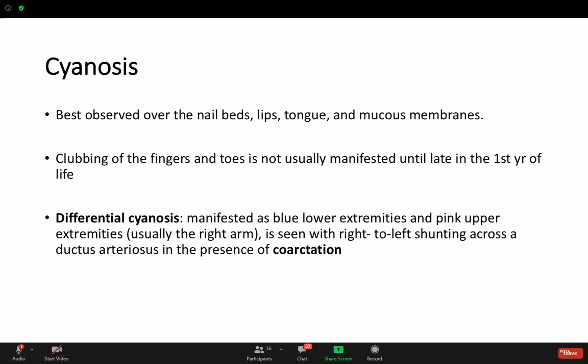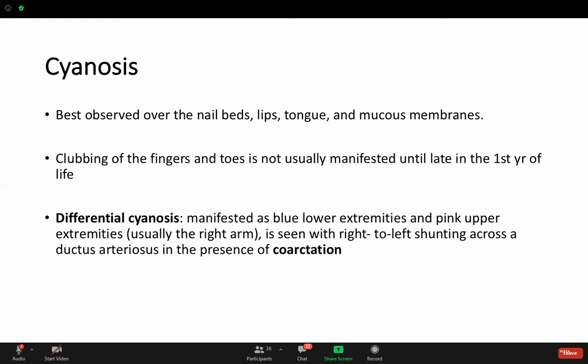Clubbing of the fingers and toes is not usually manifested until late in the first year of life. طبعا أي cyanotic congenital heart disease, if it's not treated, they will have clubbing. أي واحد عنده decreased oxygen saturation long term, they will have clubbing of the fingers and toes, but it would not be clinically manifested unless after 1 year of age. But it needs to be for a long period of time.